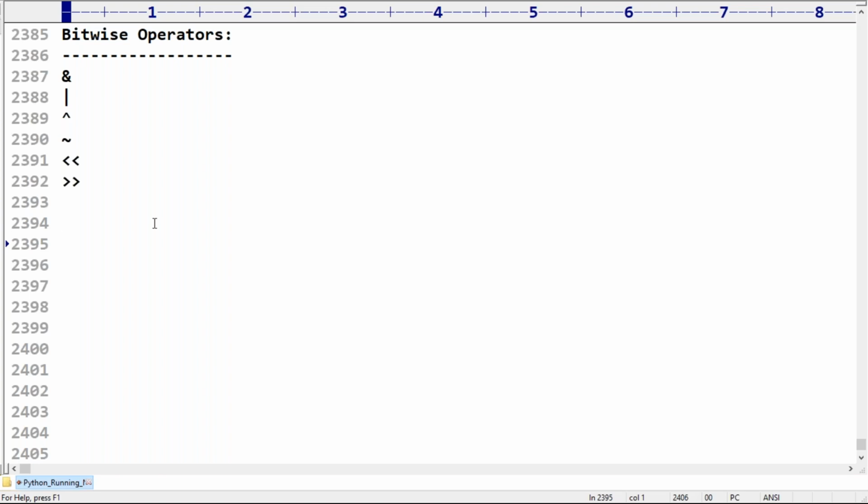Now, where can we apply these operators? They are applicable only for int and boolean. Happily you can apply them for int and for boolean. By mistake, if you try to apply them for any other type, you will immediately get an error by default.